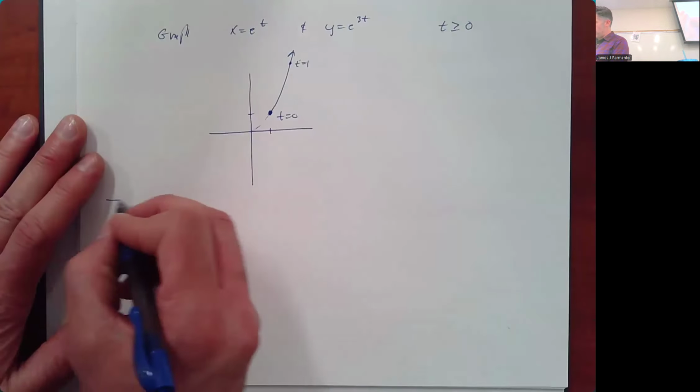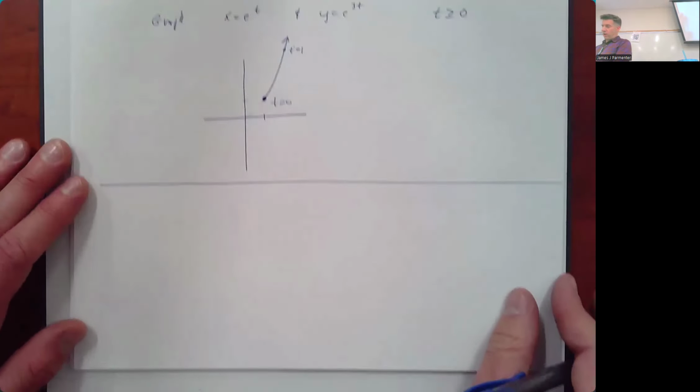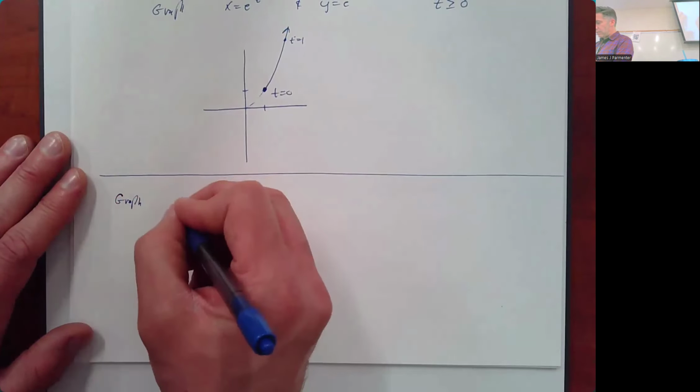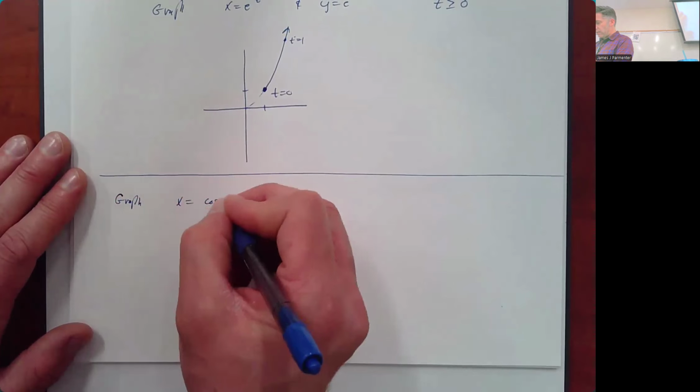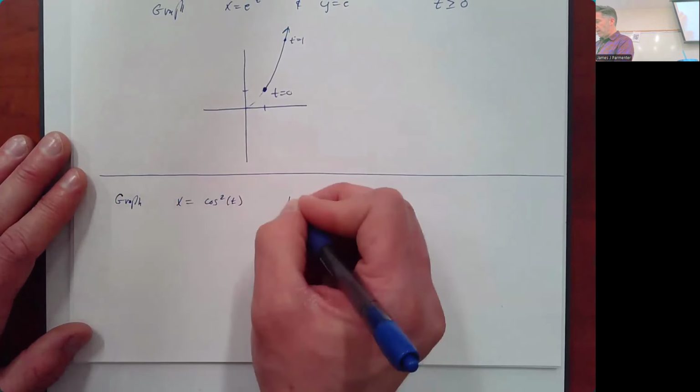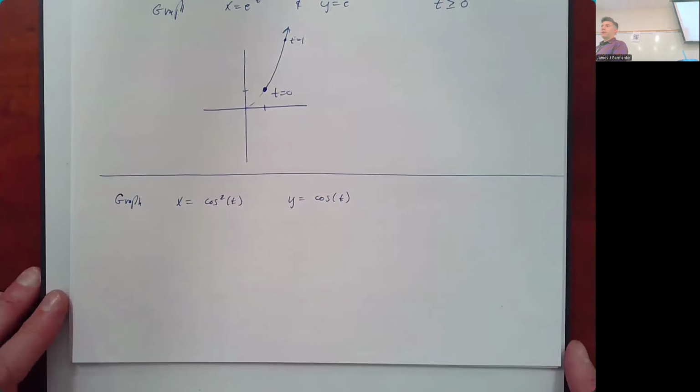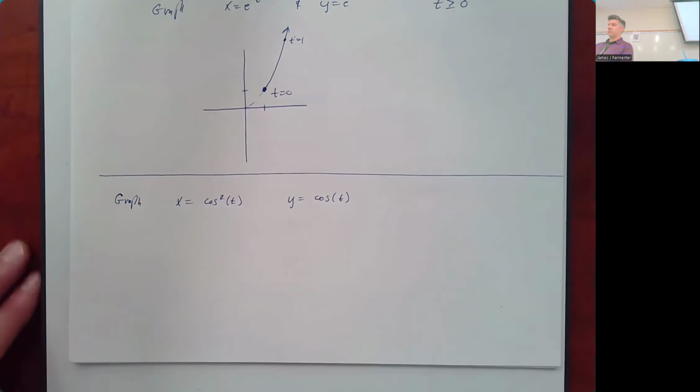Another easy example of this is something like if I wanted to graph the parametric curve x equal to cosine squared of t and y equal to cosine of t. And in this case, I really wouldn't solve for t at all.